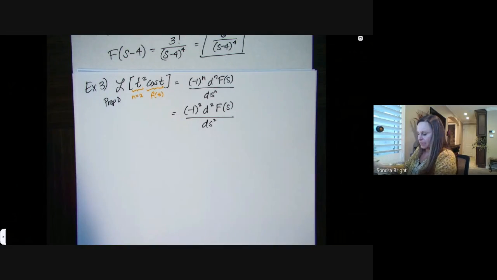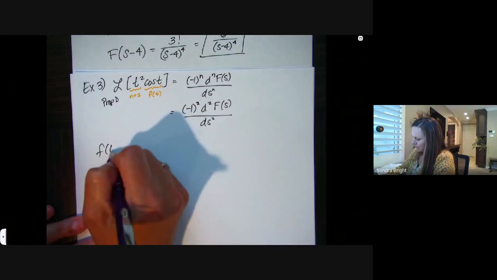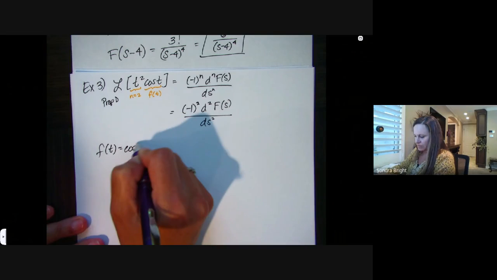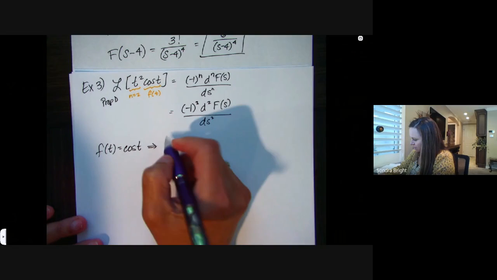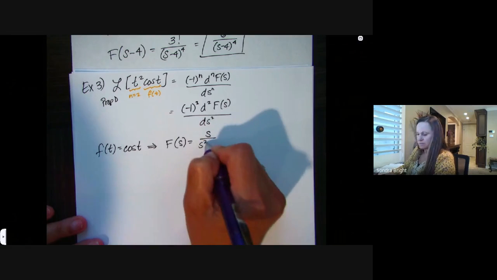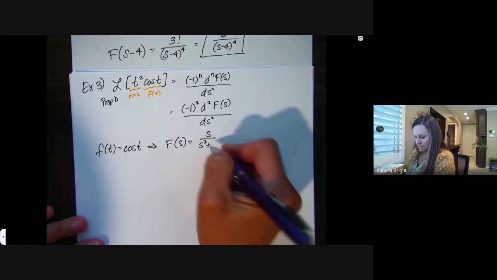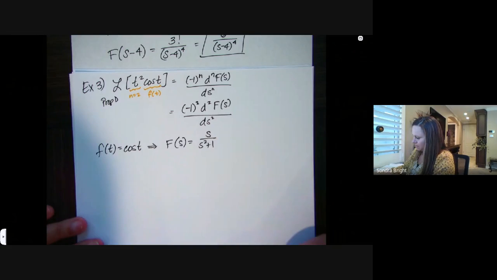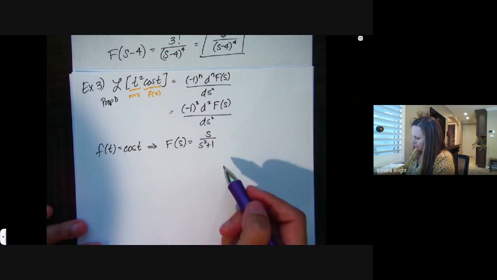Well, your f of t is cosine of t, and from the other day we had that big F is s over s squared plus whatever number is in front of the t squared, so 1.